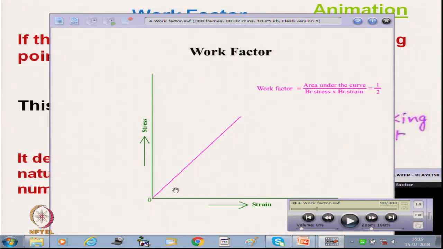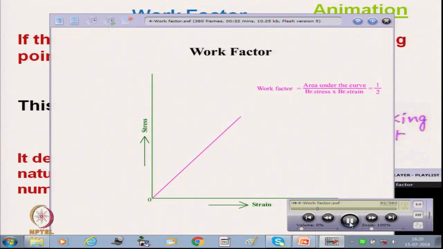Area under the curve is half of the base and altitude. Altitude, the height, is the stress and the base is the strain. And divided by the breaking stress and breaking strain, if it cancels out, it remains half. So, work factor will be half in case of the ideal elastic material.